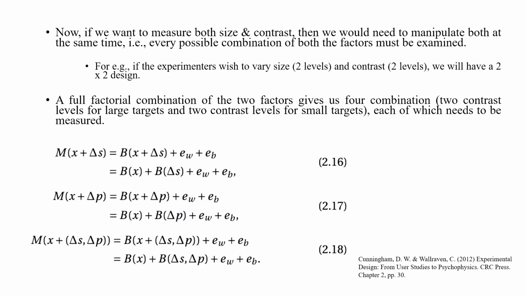So we will have a 2 cross 2 design. A full factorial combination of the two factors will give us 4 conditions, 2 contrast levels for large targets and 2 contrast levels for small targets, each of which will need to be measured. So here we are measuring b of x, effect of change in size, effect of change in contrast, and anyways the typical error terms within participant and between participants.